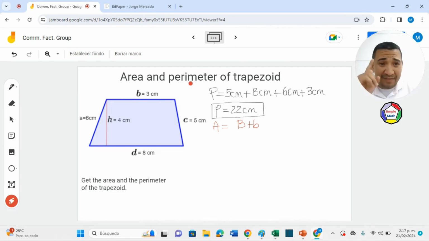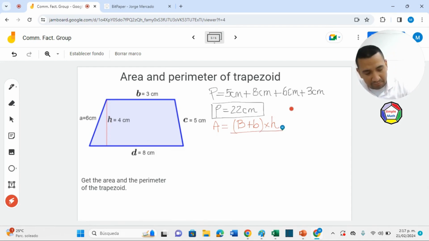Once I have that result, I multiply it times the height. What is the height? This line is the height. And once I get that result, I divide that by 2. That's the formula.